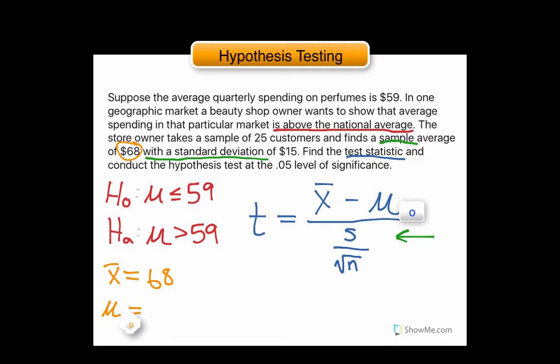Sometimes you'll see that written as mu 0 in the test statistic formula to indicate that it's the number in the hypotheses. So we know that one's 59. S is our standard deviation, which it tells us up here is 15. And n is the sample size, and it tells us that is 25 customers.